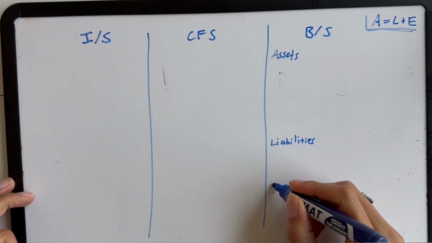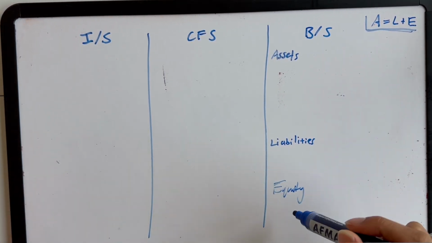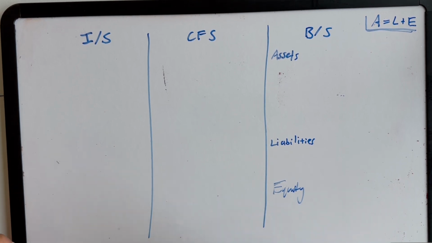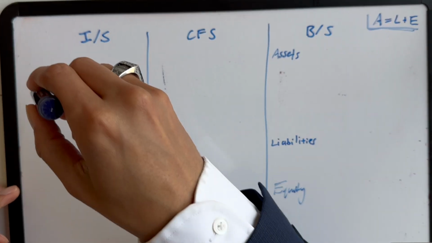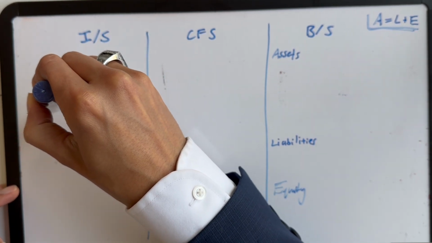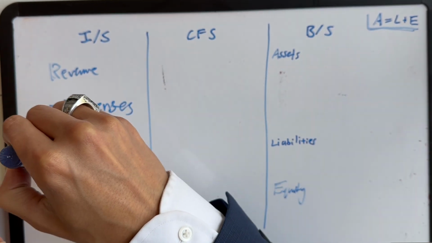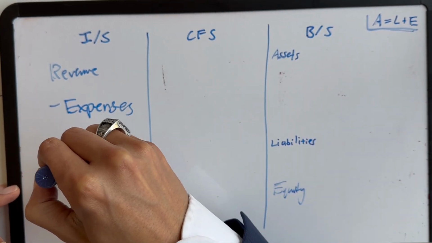Let's go ahead and do another example of how these things connect. Another basic connection that we want to look at in the three financial statements is how your profit relates to your equity. Remember, on the balance sheet, it's not just assets and liabilities. You actually have another piece here called equity or shareholders' equity. And so how does the equity connect to everything else? Well, if a business makes a profit, let's say they have some kind of revenue, there are some expenses. I'm just going to broadly put this as expenses. And then at the end, you have something called net income.